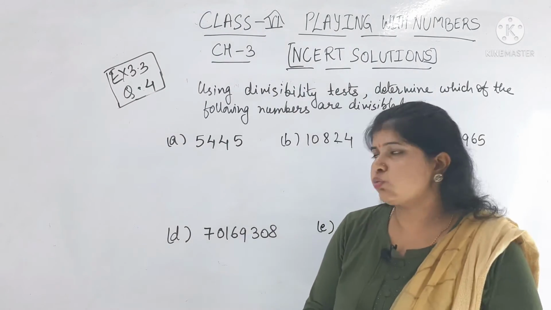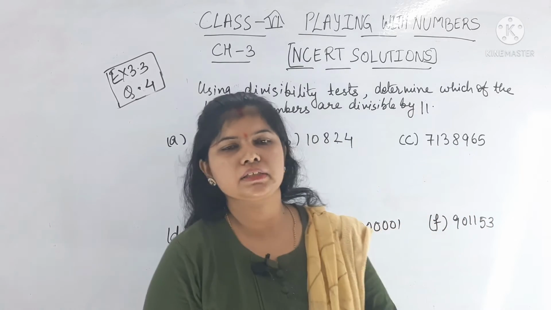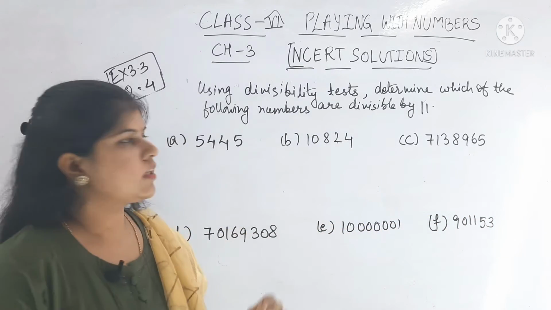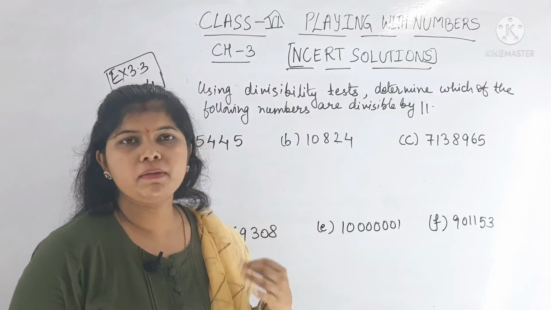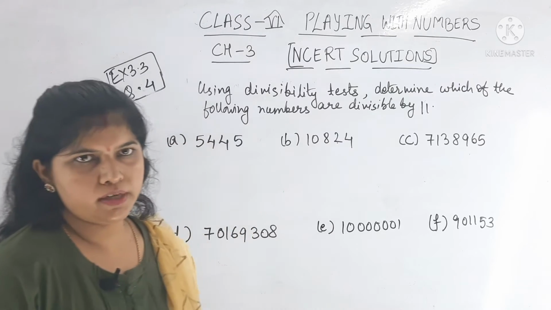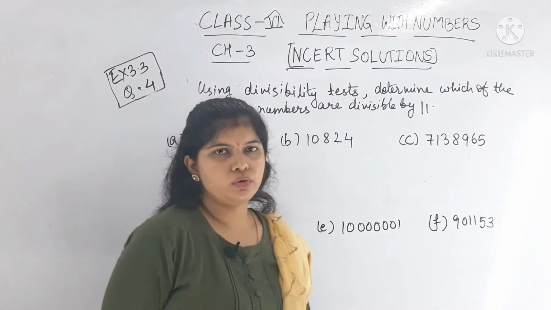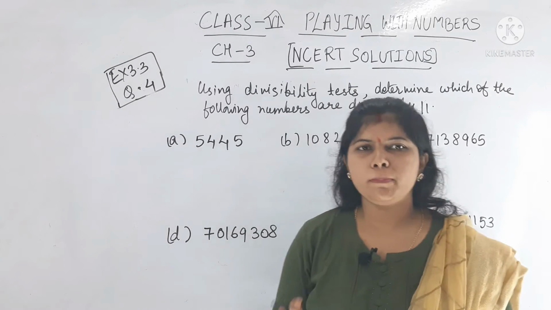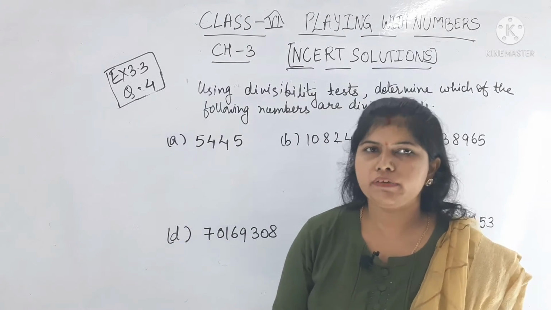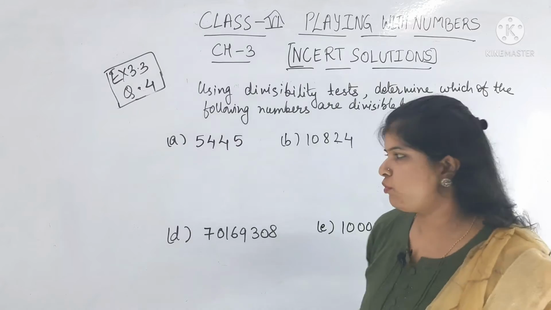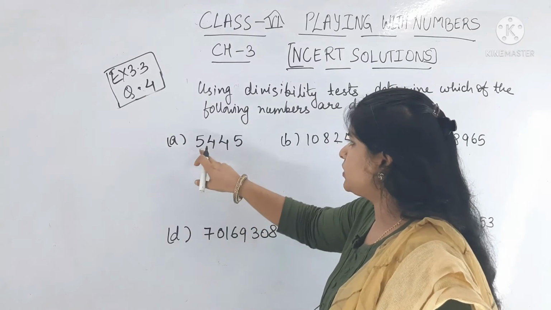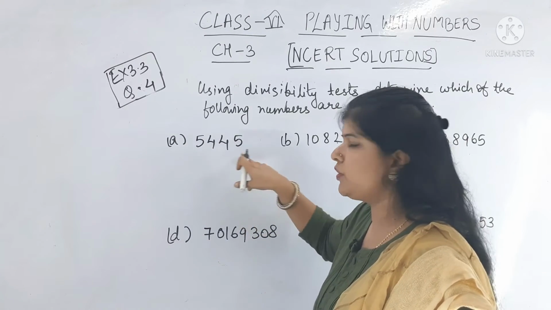Okay students, let's come to the next question, question number 4. You have to check whether the following numbers are divisible by 11 or not. For divisibility by 11, what is the rule? You have to take the sum of the digits at odd places minus the sum of the digits at even places. Here this is the first place, second, third, fourth.